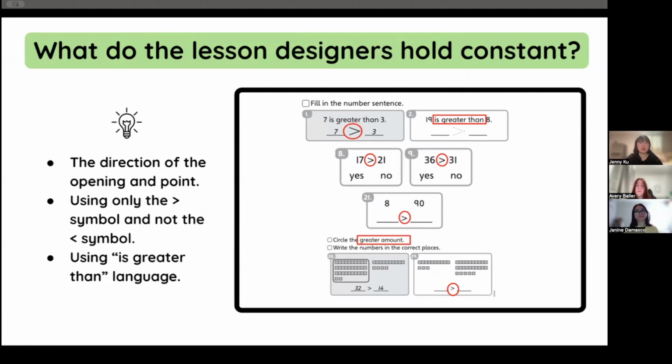By keeping this constant, the lesson allows students to focus on recognizing patterns and understanding comparisons without the added complexity of switching between symbols, such as the less than or equal to sign. This approach reduces confusion and helps students build confidence with one concept before introducing the next.